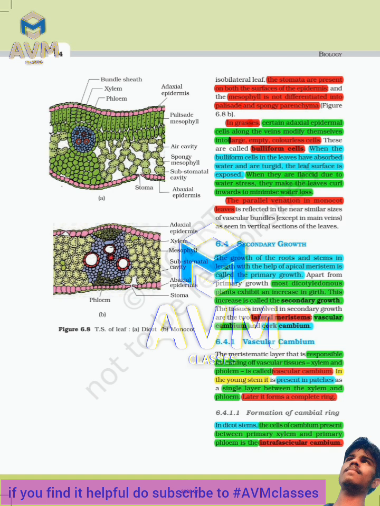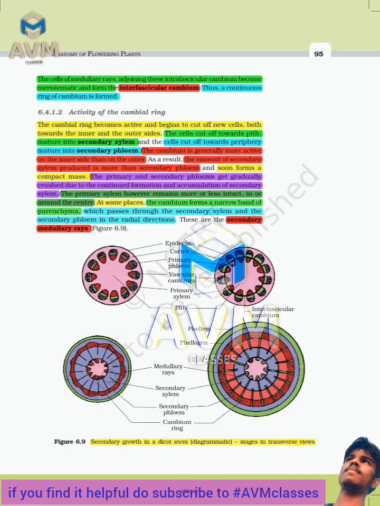In dicot stems, the cells of cambium present between primary xylem and primary phloem is the intrafascicular cambium. The cells of medullary rays adjoining this intrafascicular cambium become meristematic and form the interfascicular cambium. Thus, a continuous ring of cambium is formed.